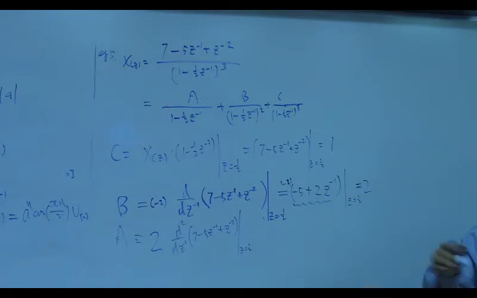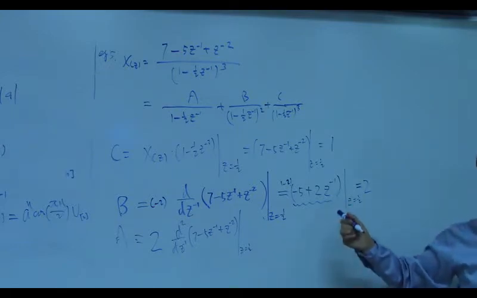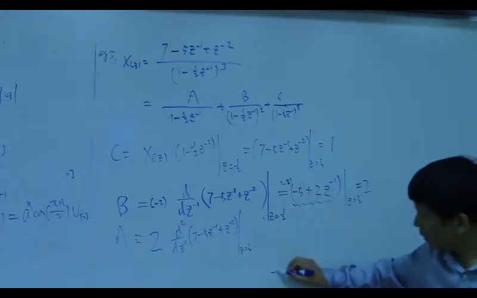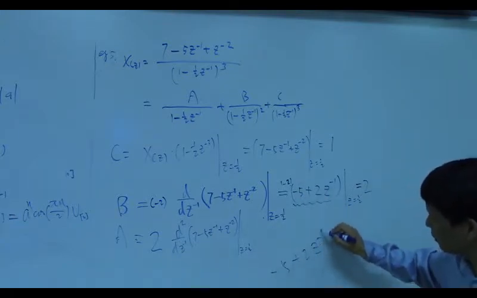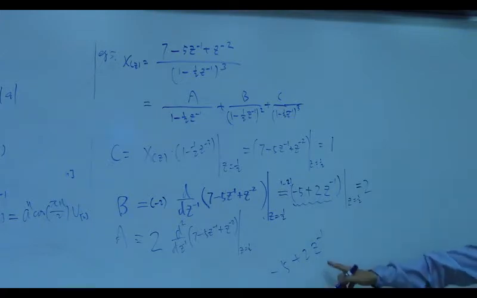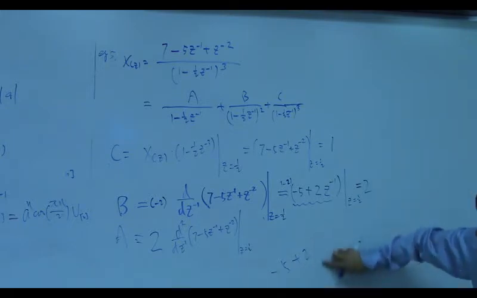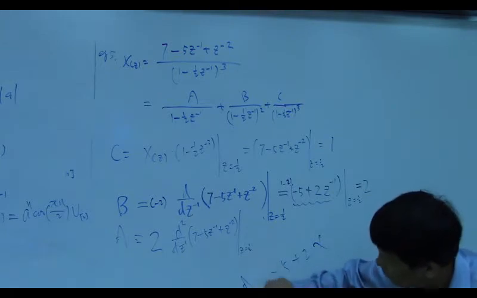Again, you can write this in x, but you don't need to in this case. This one, negative 5 plus 2 z^-1, take differentiation with respect to z^-1. What do we get? 2, right? This coefficient here. If you are confused, write this one in x, then dx.